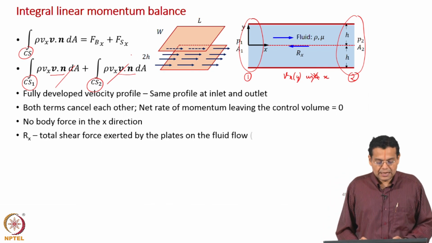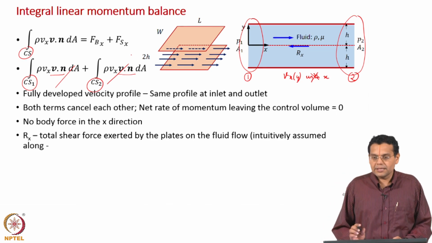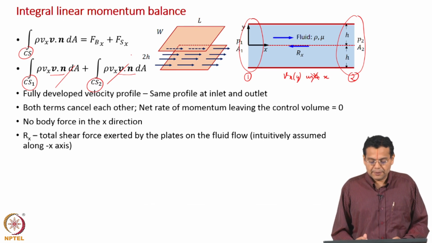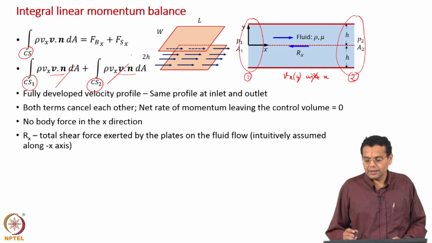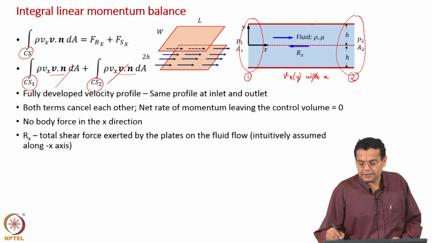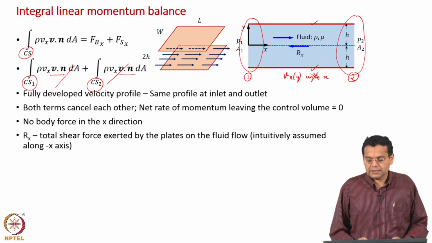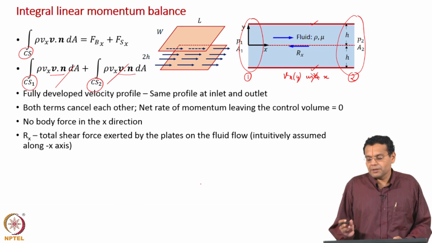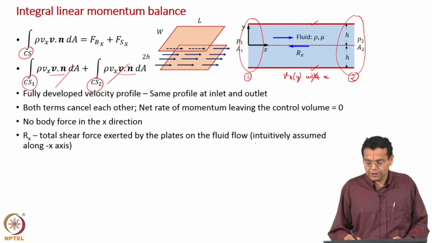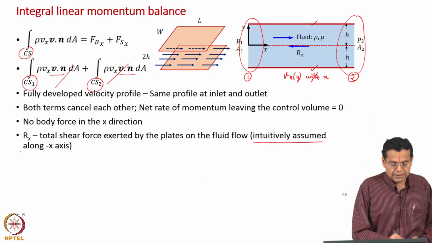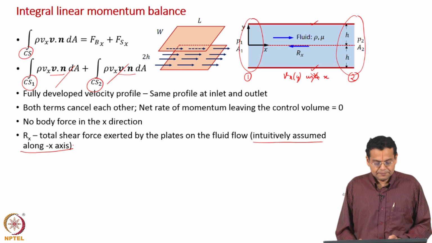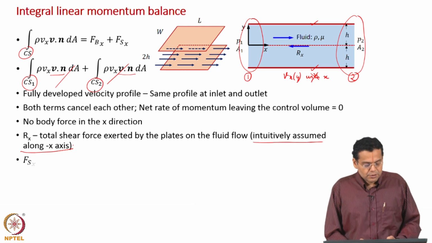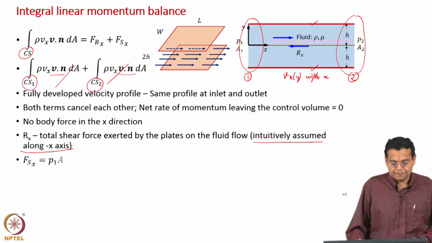Now we will consider Rx as the total shear force exerted by the plates on the fluid flow. Whatever shear force these plates exert on the fluid flow is taken as Rx, and we know by physics that it should be along the negative x axis. So, intuitively it is assumed along the negative x axis. Now, what happens to the surface force?